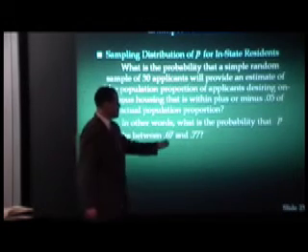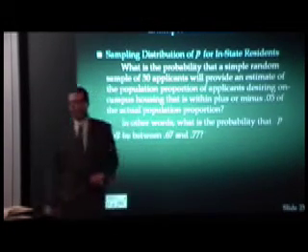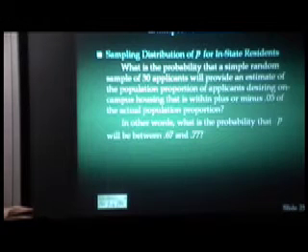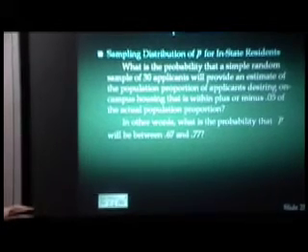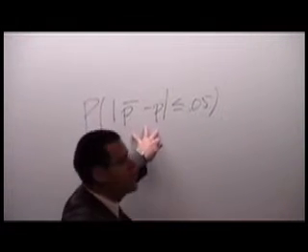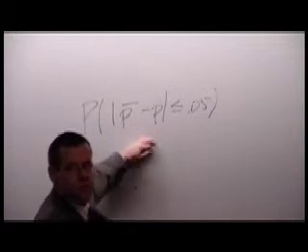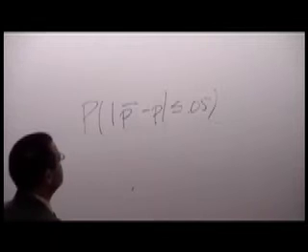For instance, the probability that our sample proportion is between 0.67 and 0.77, which is the same thing as finding the probability that the absolute value of p bar minus p is less than or equal to 0.05. So, what did we call this, the absolute value part here?